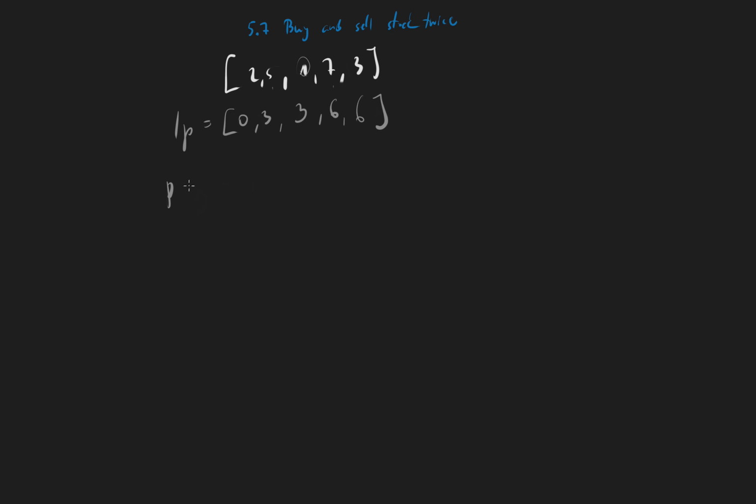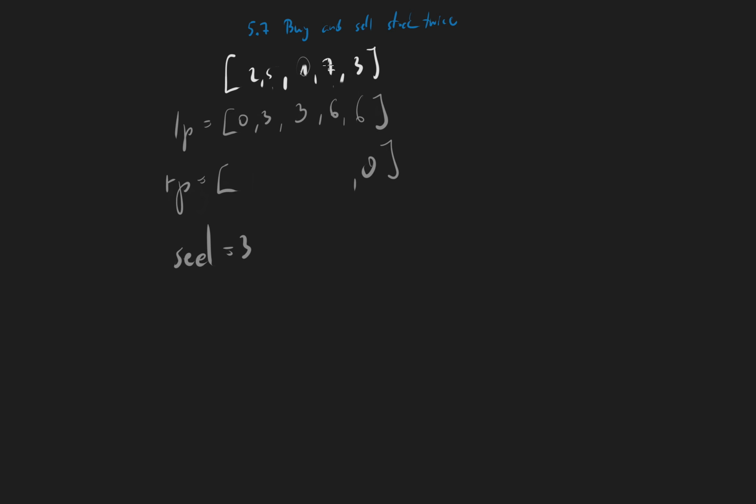So now let's have right profits. We'll have an array and we'll be going through right to left. Okay, so we have a sell variable. It can be initialized to the last number, so 3. So 3 minus 3 is 0. Okay, cool. Next one.